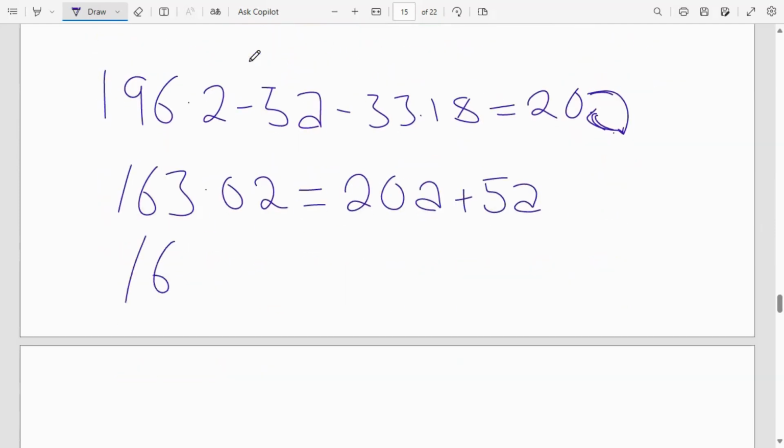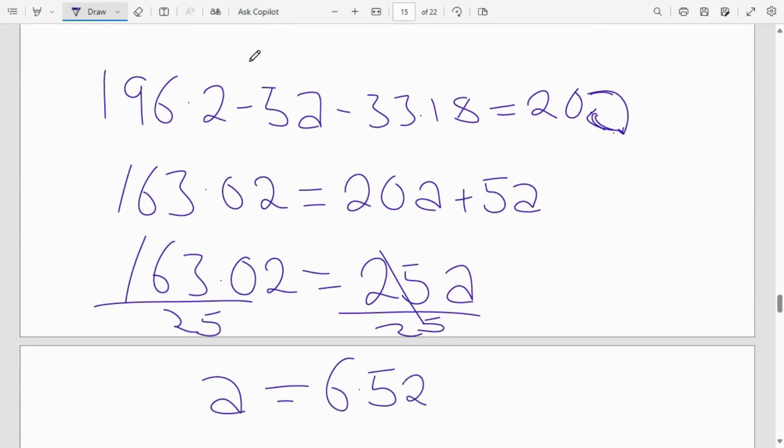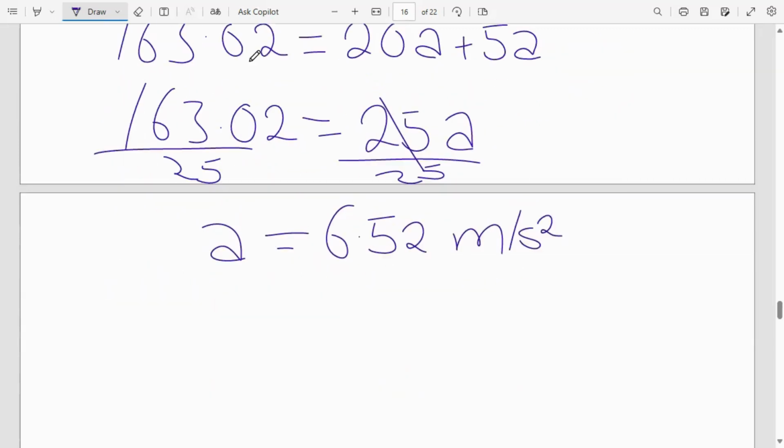So 163.02 will be equal to 25a. So I divide both sides by 25, and I get my acceleration is equal to 6.52 meters per second squared, like this.